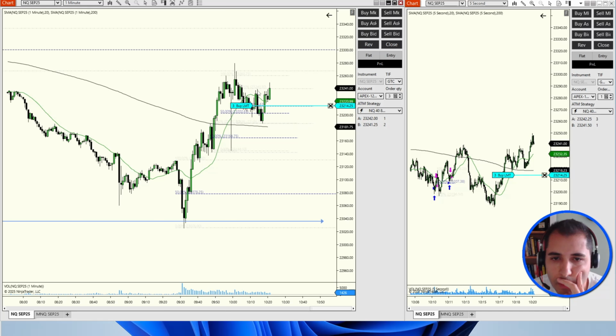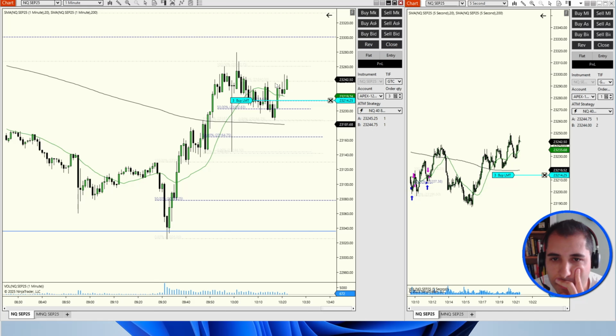So low, high, low, low, high, high. Hoping this comes to hit here and then bounce off. We shall see. Looks like it also just did a 50% retracement into this little S&D here. That's not what I'm trying to chase.